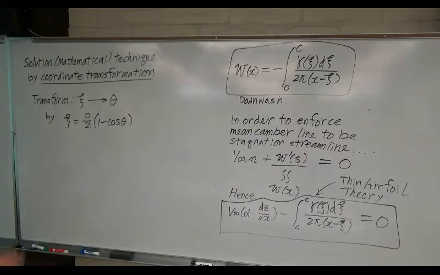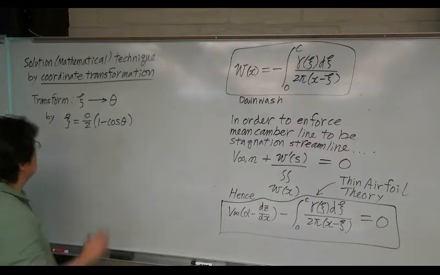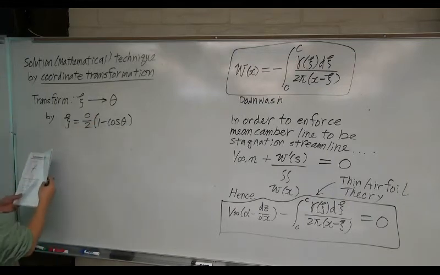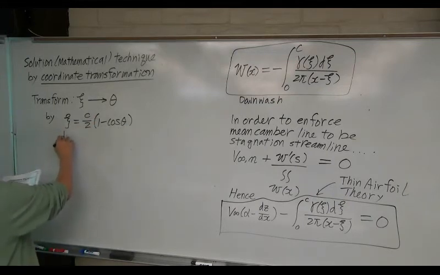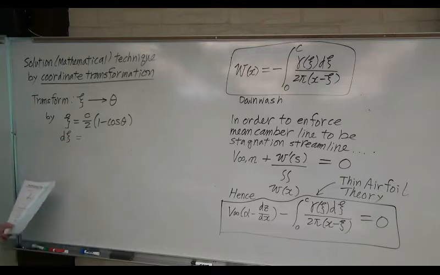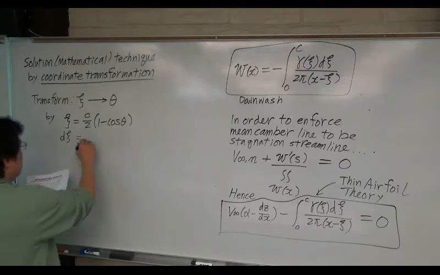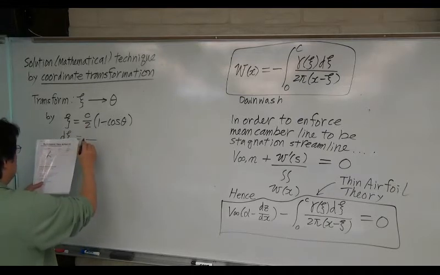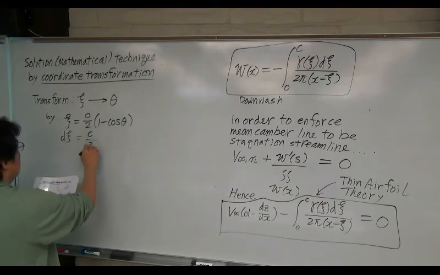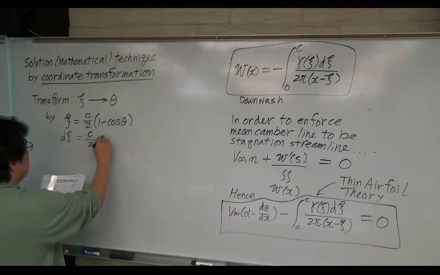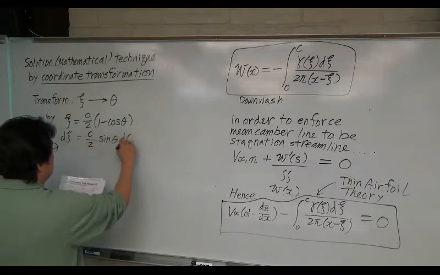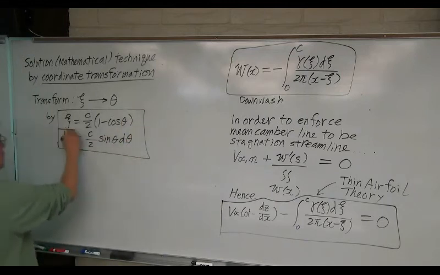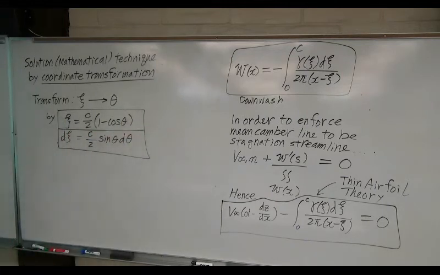Okay, so this is the coordinate transformation equation from coordinate ξ to coordinate theta. Okay, if that's true, if you take the differentiation of ξ, called dξ, and differentiate this with respect to theta, this is going to be chord length divided by 2 times sine theta d theta. Okay, so those two are very, very important coordinate transformation equations.